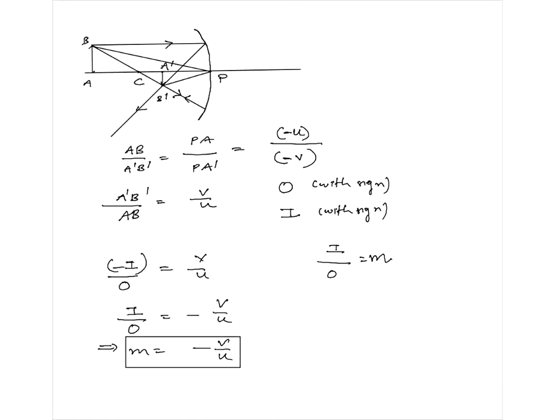There used to be another sign convention popular several years ago, based on real and virtual. It was more difficult, but it would work also. But then the results could be different. These results have been derived following the Cartesian sign convention: right positive, left negative, up positive, down negative.